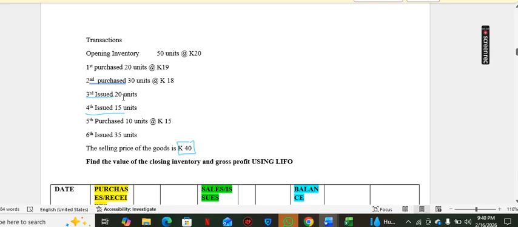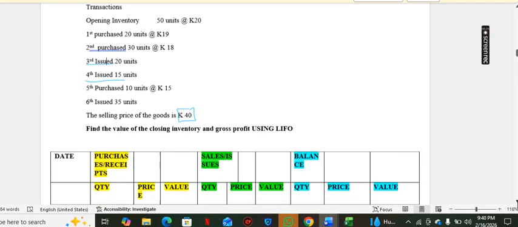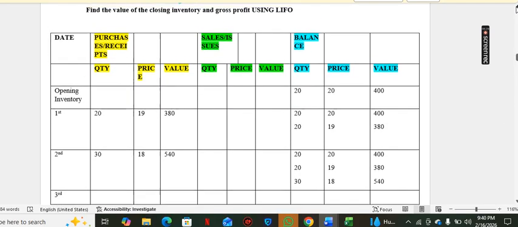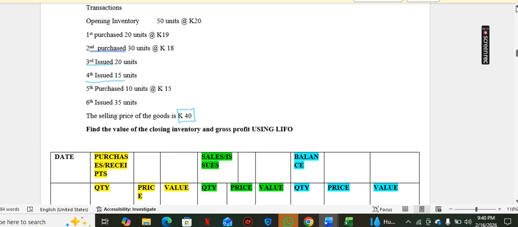Then we've got the third. On the third, we issued 20 units. Whenever there's an issue or a sale, this is where we actually apply these techniques, the LIFO method or the FIFO. Every time there's an issue or sale, value it at the cost.